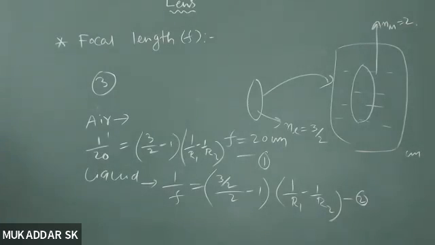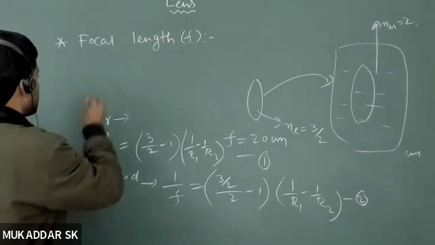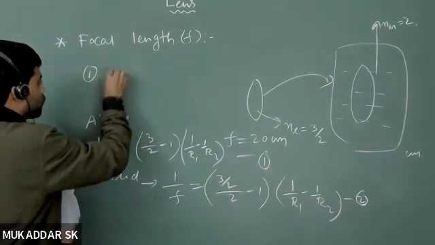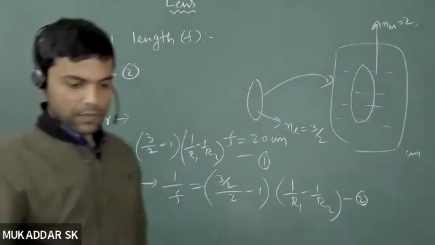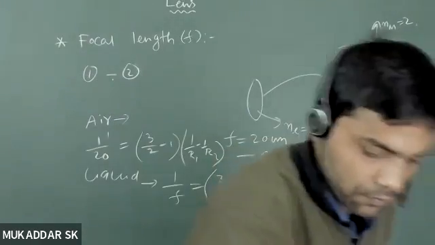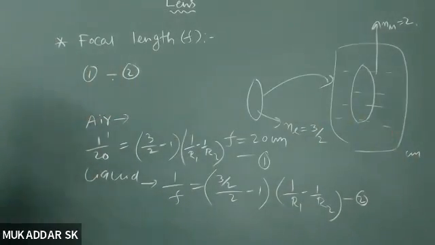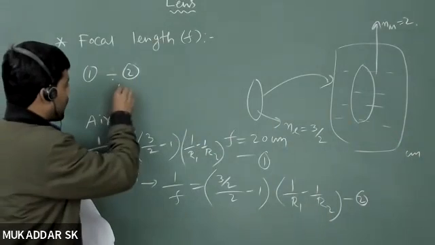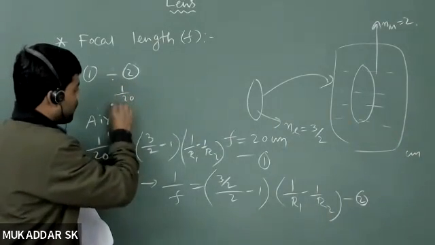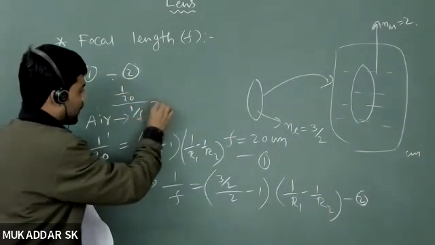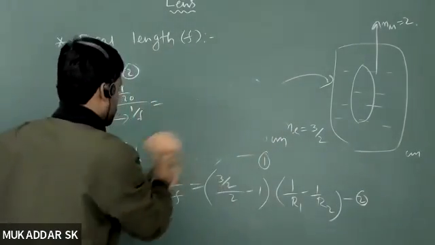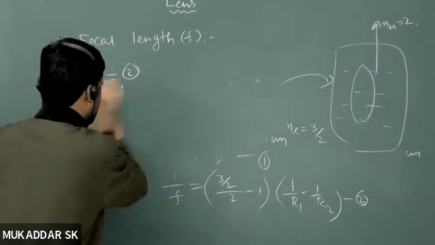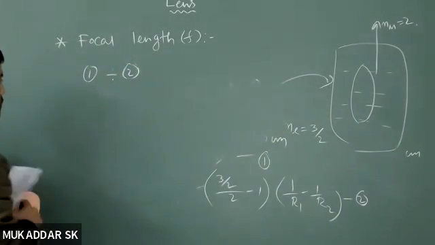Now if I divide equation 1 by 2, what will I get on the left hand side? On the left hand side you have 1 by 20 divided by 1 by f, that will be f by 20.